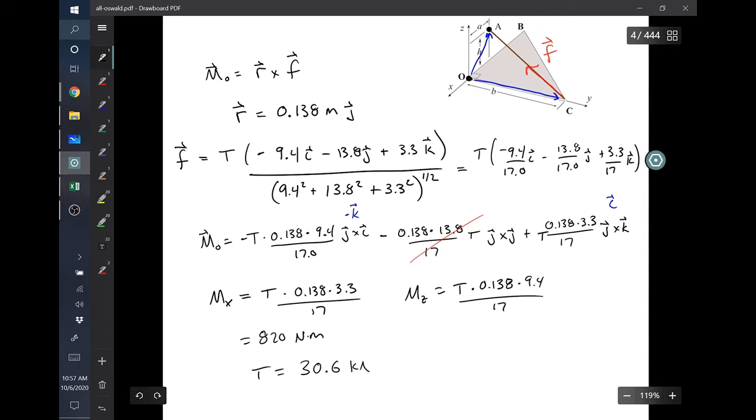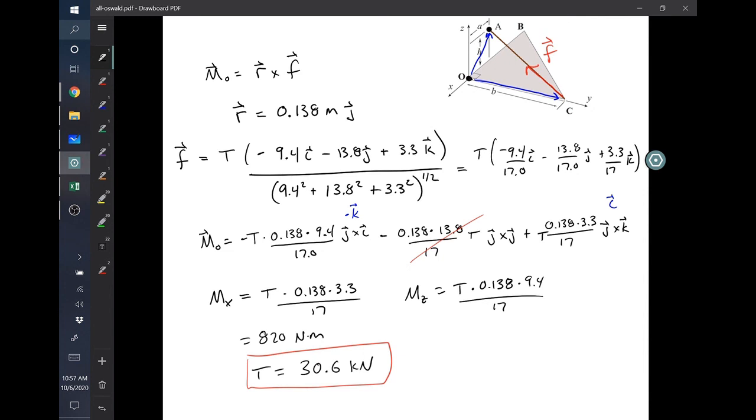And so I'll just divide that by 1,000 and I'll get 30.6 kilonewtons. That has to be a positive number because the tension in a rope has to be positive. I can't have a compressive force in a rope.